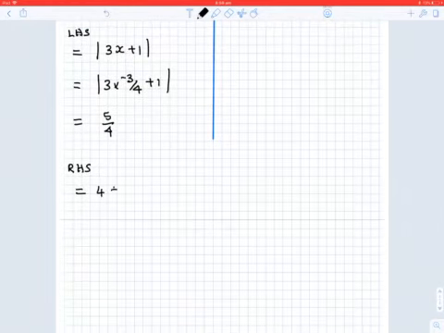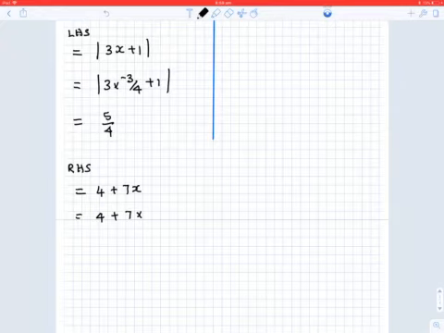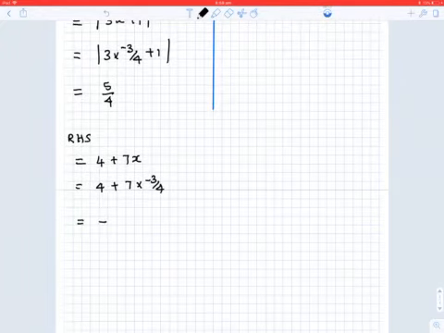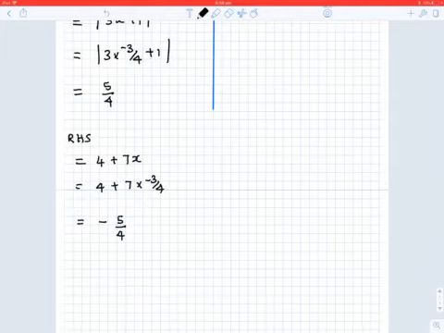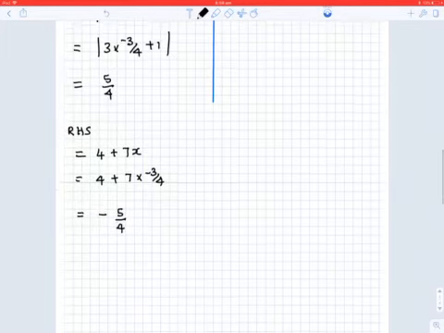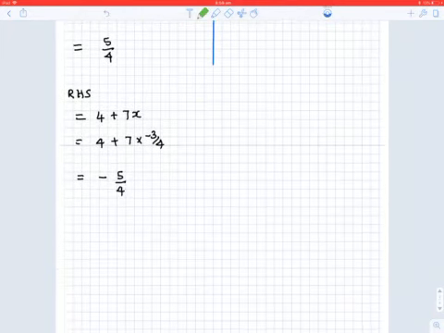Then I do the right hand side, which is 4 plus 7x, which equals 4 plus 7 times minus 3/4, and that gives me minus 21 over 4, plus 16 over 4, which is minus 5 over 4.